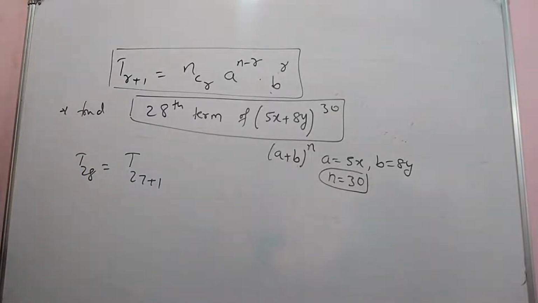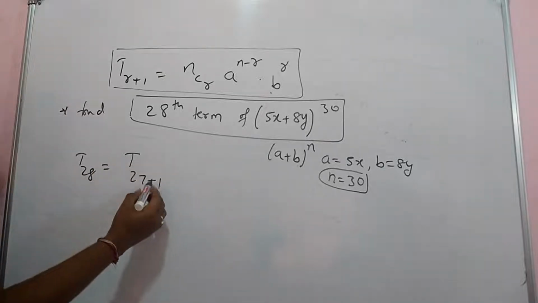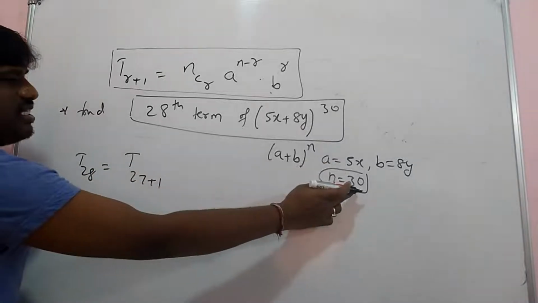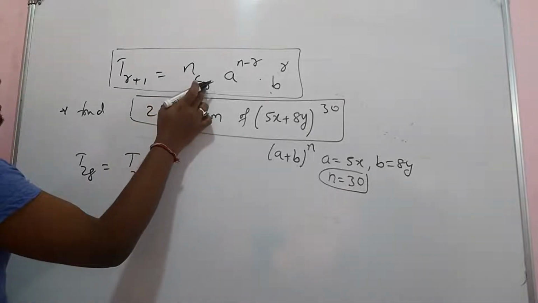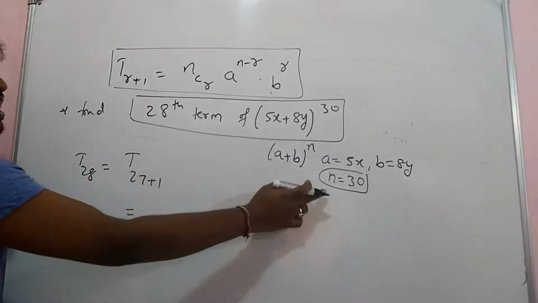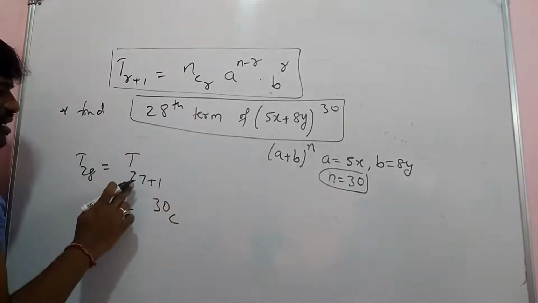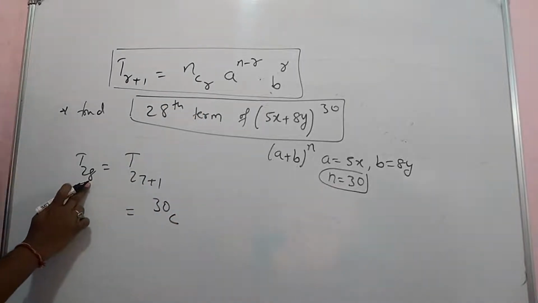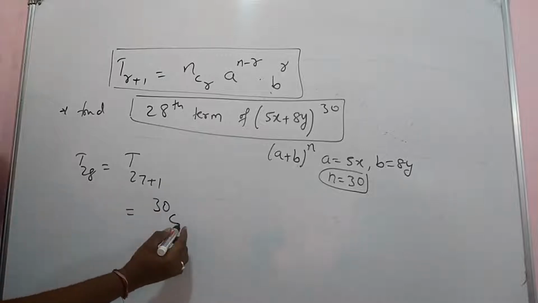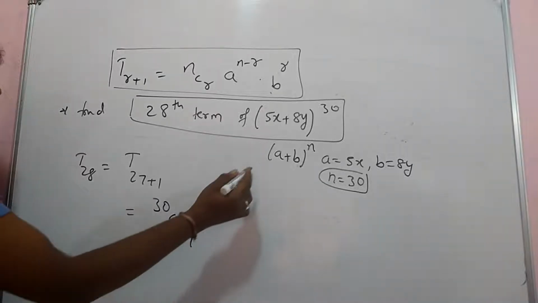So T28 can be written as T(27+1). Using the formula, that is 30C27, because I need to find the 28th term, so r is 27.